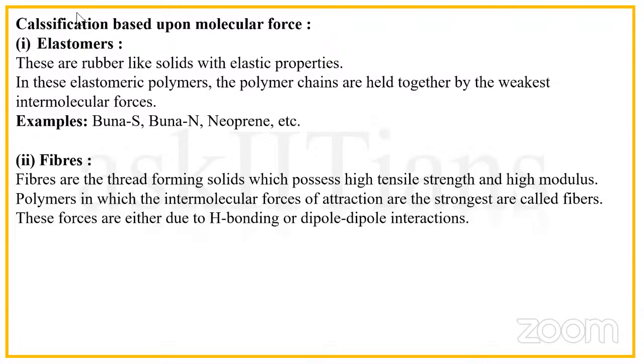These forces are either due to hydrogen bonding or dipole-dipole interaction. If a polymer possesses hydrogen bonding or dipole-dipole interaction, the molecular forces will increase and their tensile strength will increase.